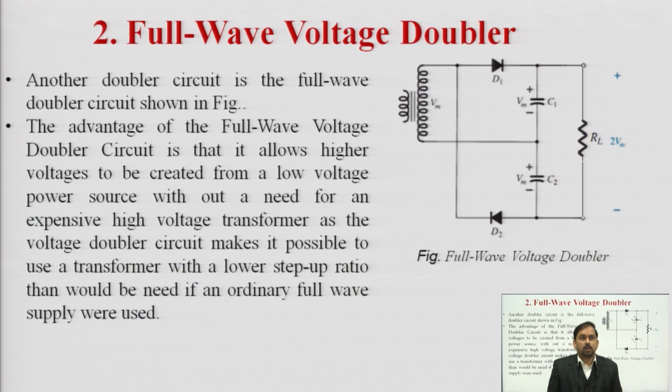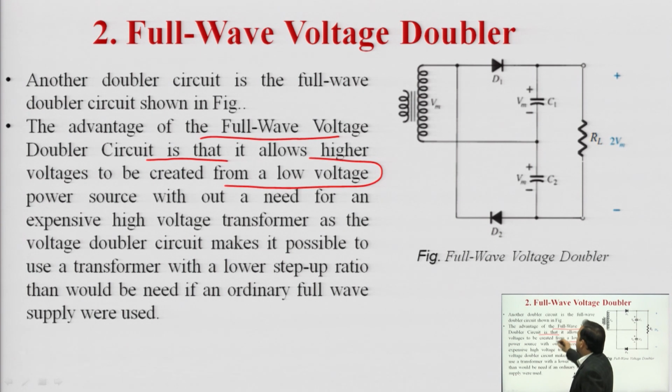Now again we have the full wave voltage doubler. The advantage of the full wave voltage doubler circuit is that it allows higher voltages to be created from a lower voltage power source without the need for an expensive high voltage transformer.